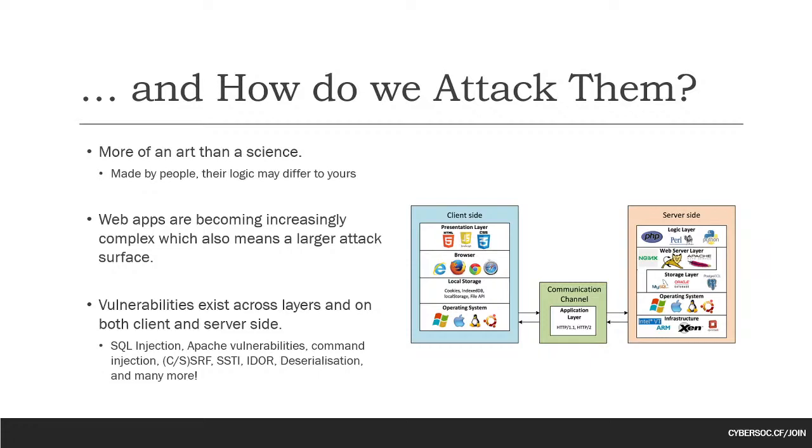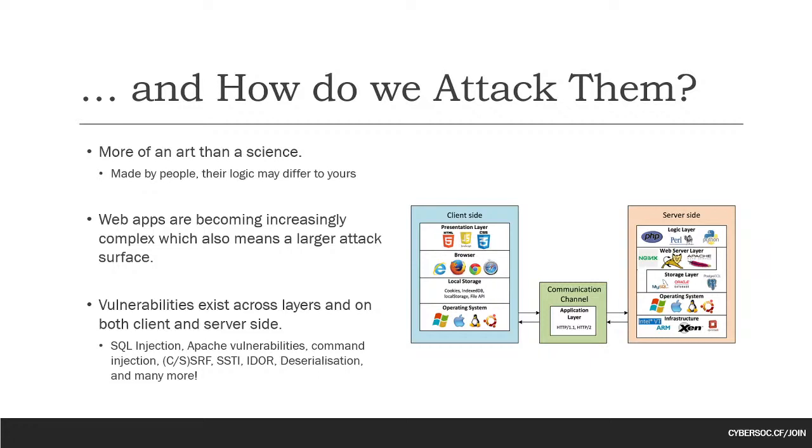Something that is happening across computing and IT in general is that everything is becoming increasingly complex. Previously, when attacking a web app, we'd have something like one static page and maybe a search box.